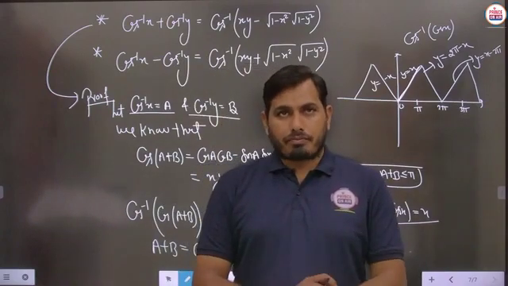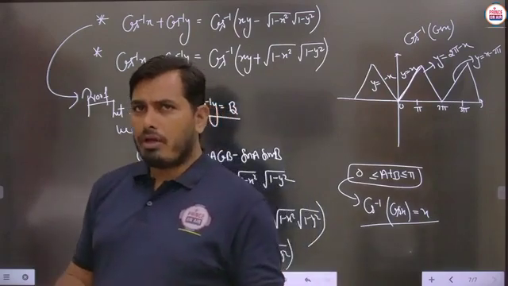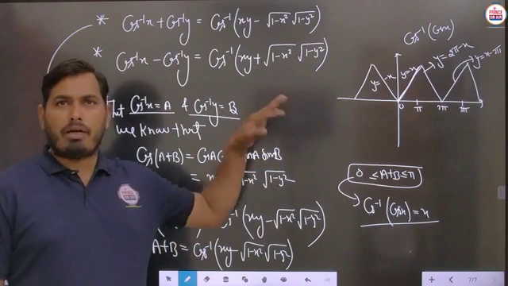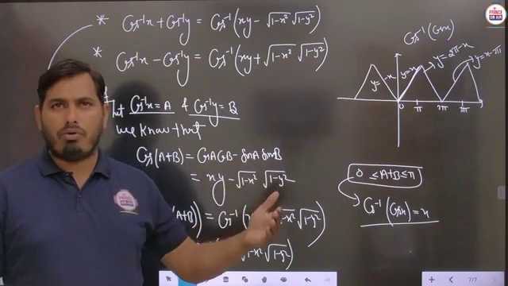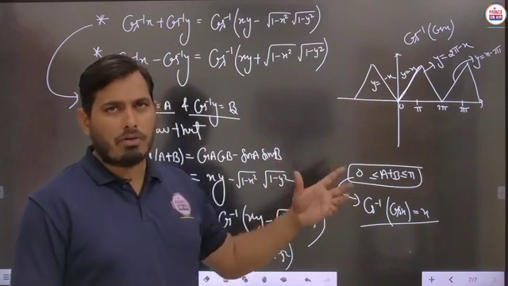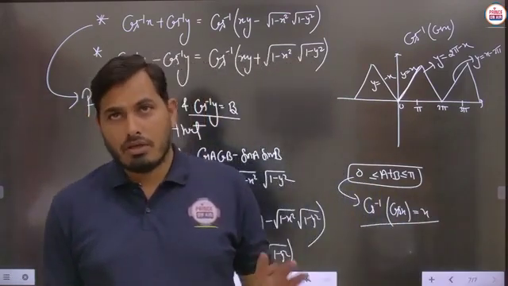Here each and every property related to the inverse trigonometric function is based on trigonometry. If we know very well the formulas of trigonometry, then definitely you will be able to solve the question, otherwise you will face problems.